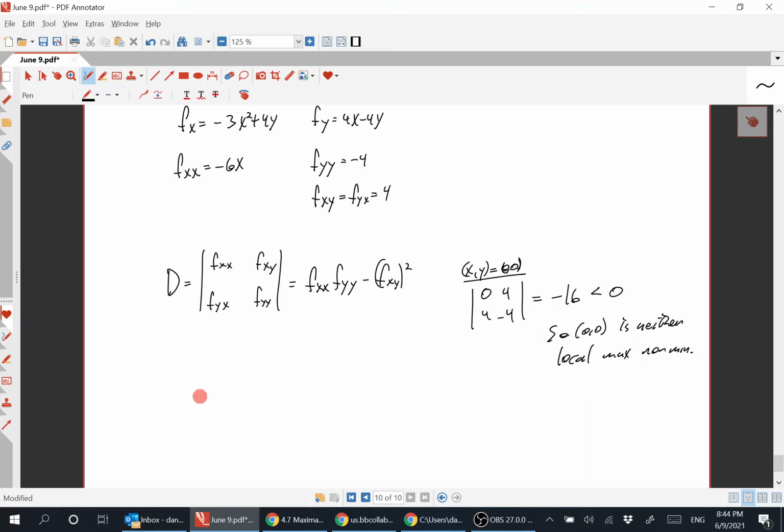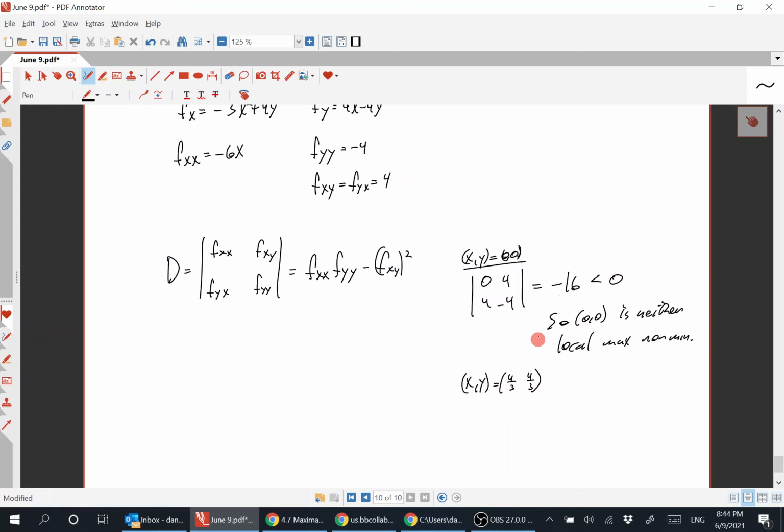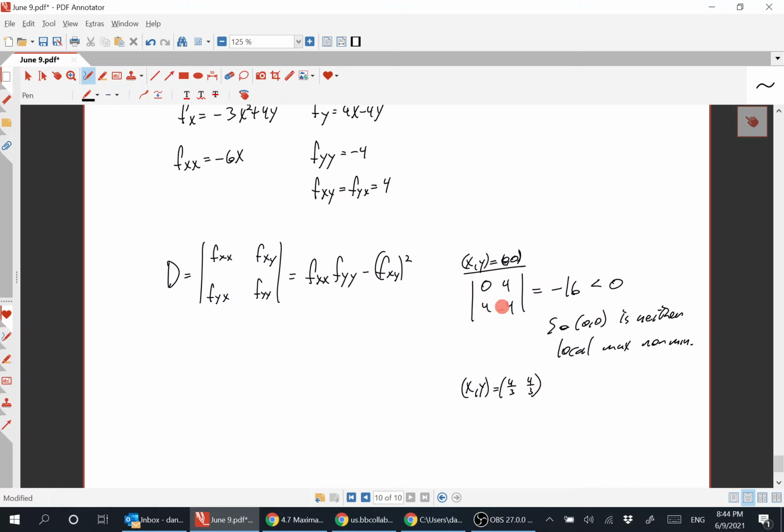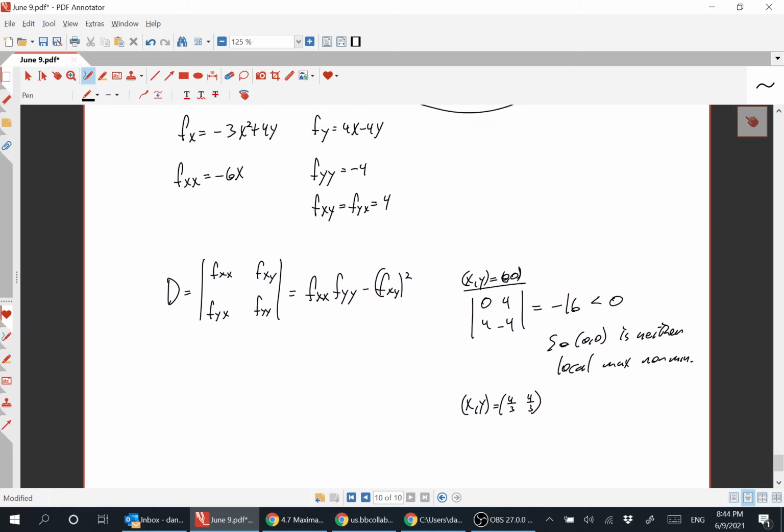And then at the other point, (x, y) equal to (4/3, 4/3), the only thing that changes here is fxx, which becomes negative 2 times 4, negative 8.